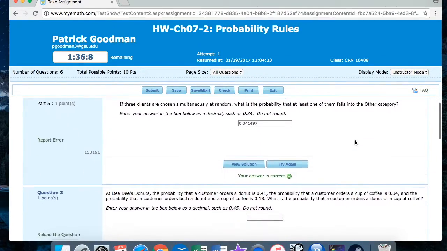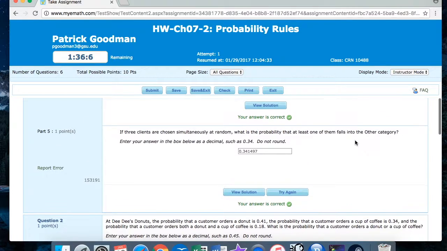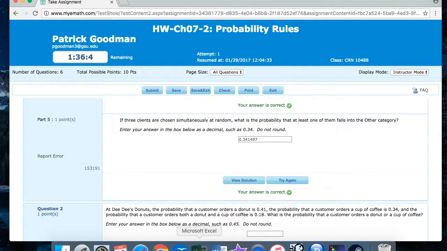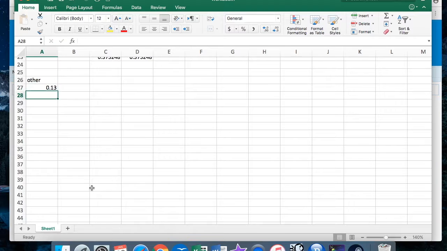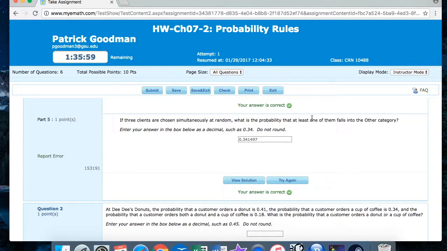Yeah, 13%. So this is 0.13. Now we're saying three clients are chosen simultaneously at random. What is the probability that at least one of them falls into the other category? Okay, so at least one.